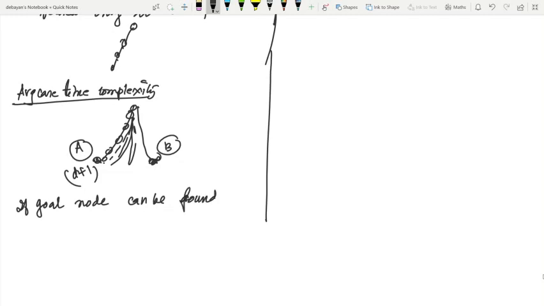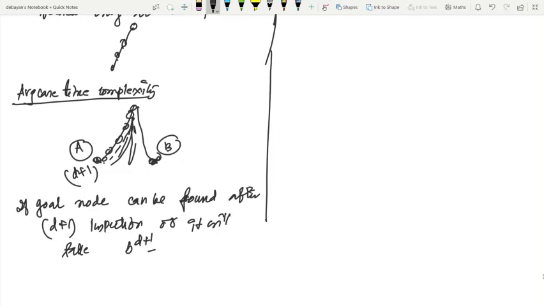So what I am saying is that the goal node can be found after d plus 1 inspections, or it will take b to the power d plus 1 minus 1, divided by b minus 1 inspections, that being all internal nodes.